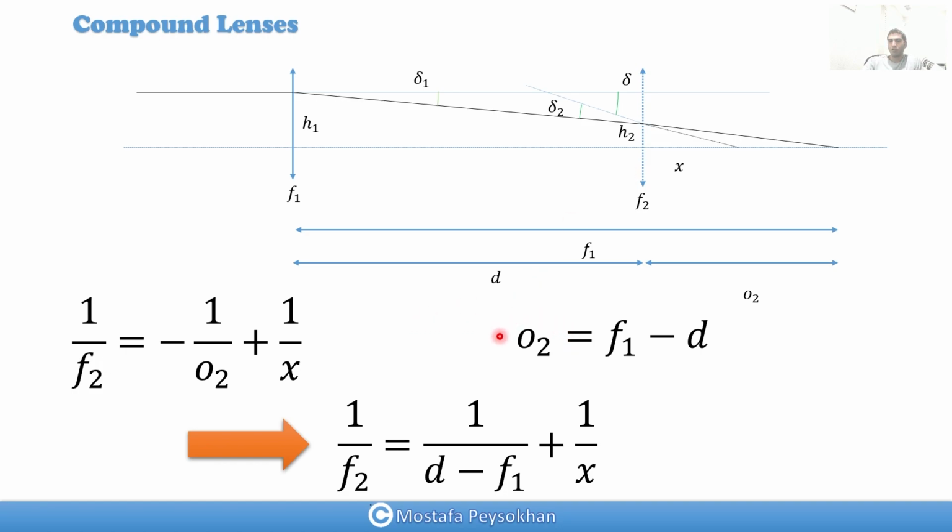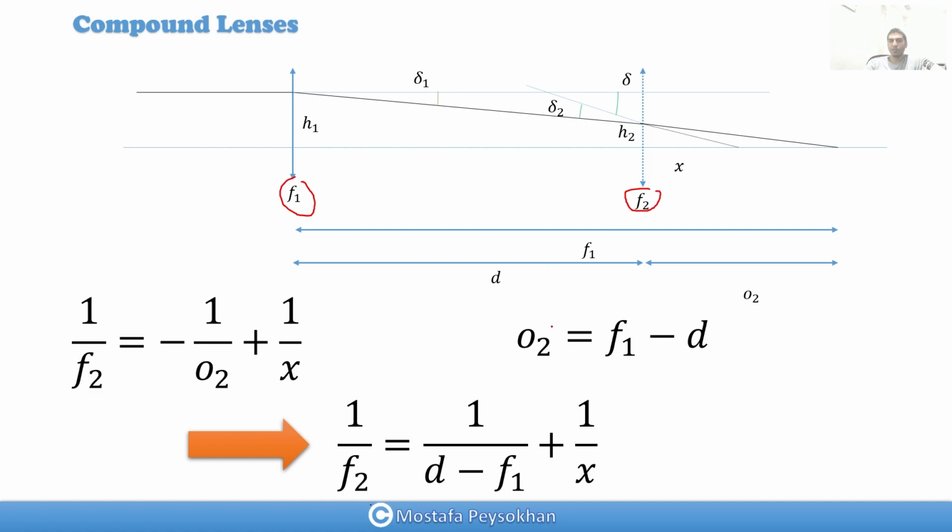As I said, O2 is equal to f1 minus d, where f1 is this distance and d is the distance between lens f1 and f2.